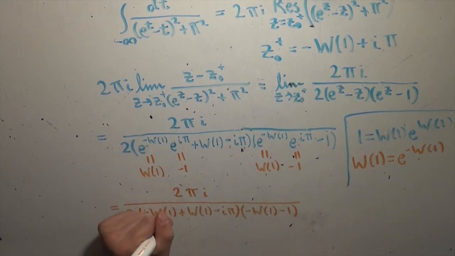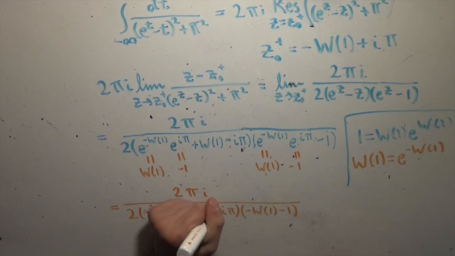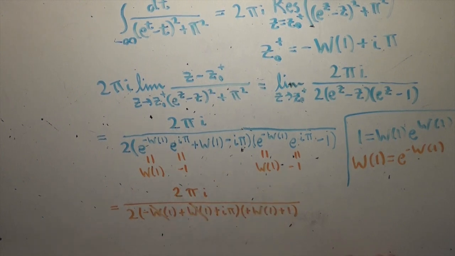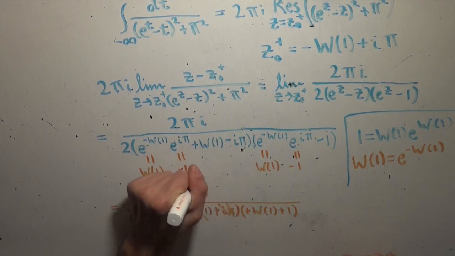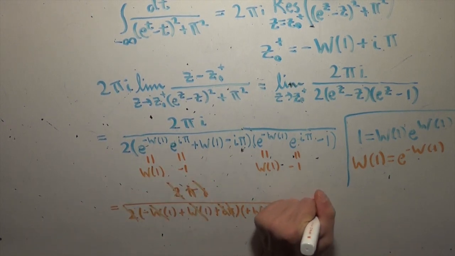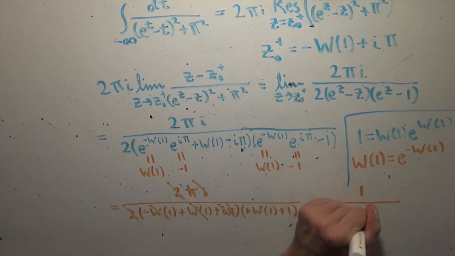Now, negative W of 1 and positive W of 1 cancel. And then we have negative i times pi, which can cancel with those two negatives there, times 2. And the 2's cancel, the pi's cancel, and the i's cancel.